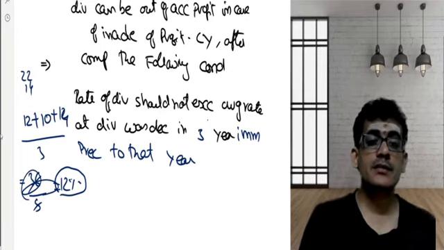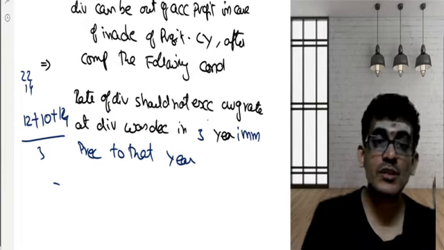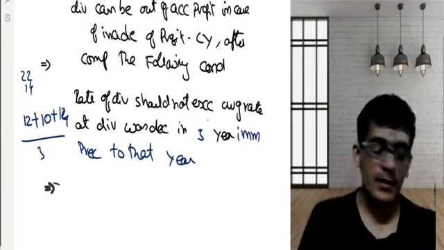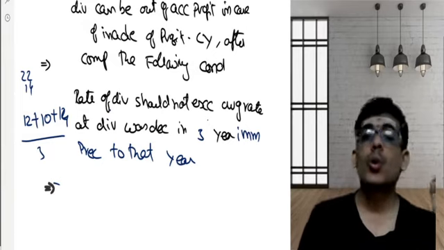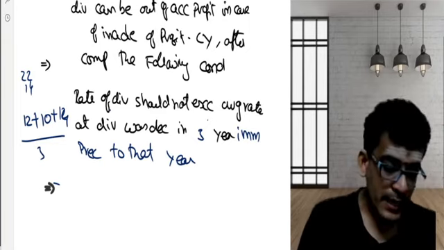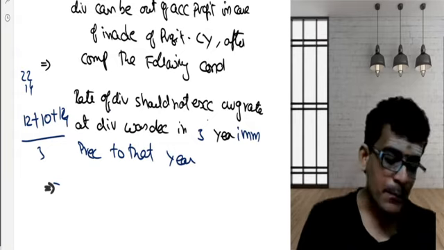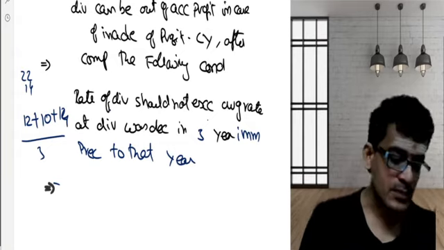Then let us see what the second condition is. The second condition, which is very important, says the total amount to be drawn from the accumulated profits should not exceed 1/10 of the paid up capital and free reserves.